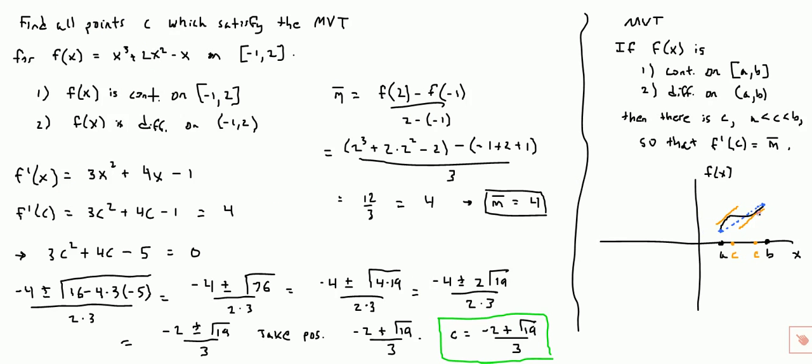Just think of this picture to remember the mean value theorem. Draw a line connecting the 2 endpoints, and then there will be points in between the endpoints where the tangent line is parallel to that average slope. To do that algebraically, you calculate the average slope, calculate the derivative, set them equal to each other, and then see what points are possible.